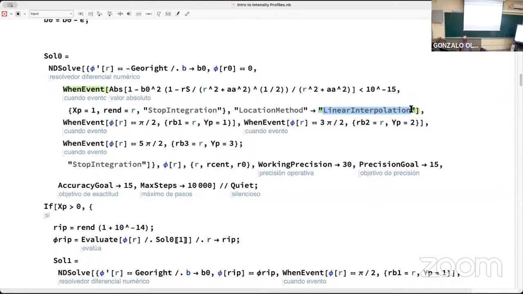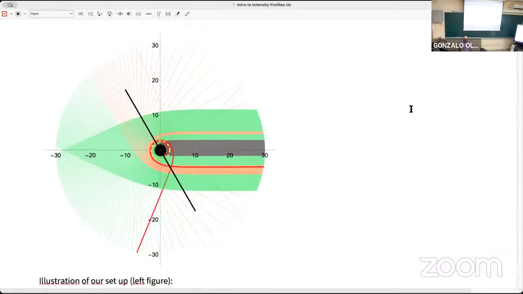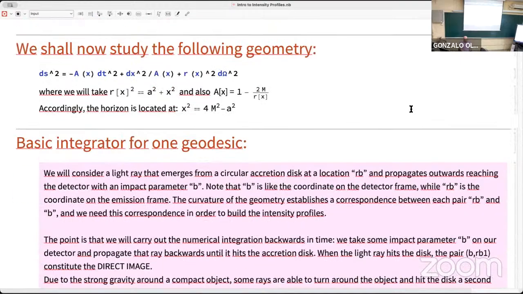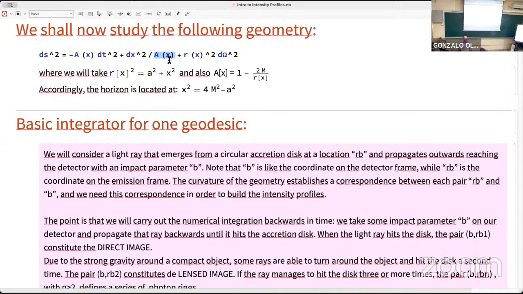Albert, yes, this method, this notebook can be applied to spherically symmetric line elements. Just simply change everything that is relevant here for your model, which is these functions A and R. I mean, you can even put B if you want.